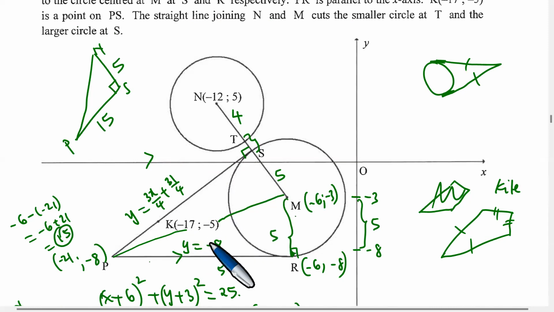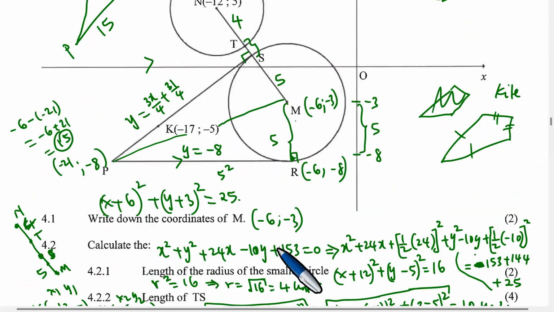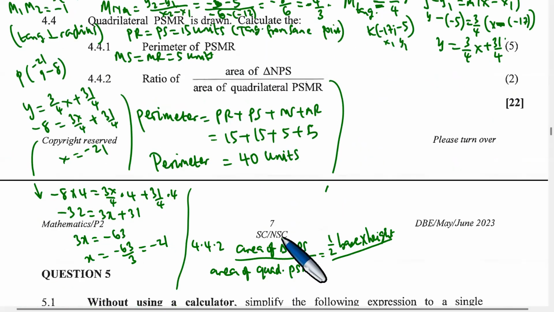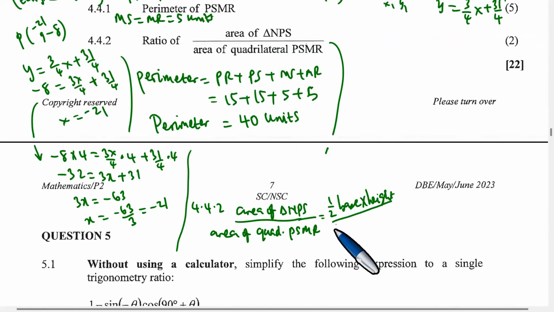If you draw it like this, you split it into two, then you can find the area of the triangle, which is half the base. The base is 15, the height is 5. And then also here, you can find the area of this triangle. Half the base is 15, the height is 5. So you can consider half base by height plus half base by height.